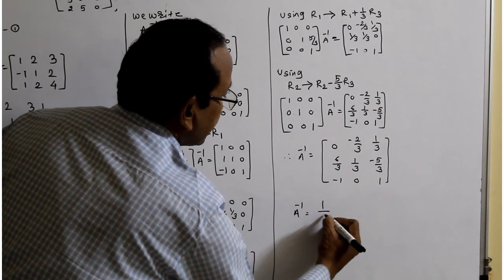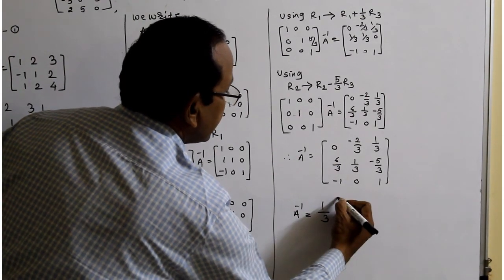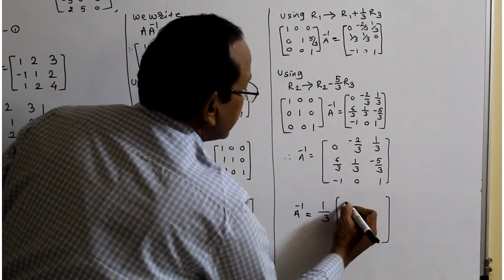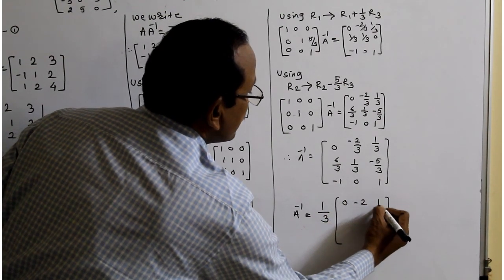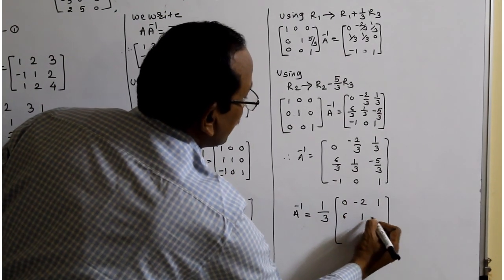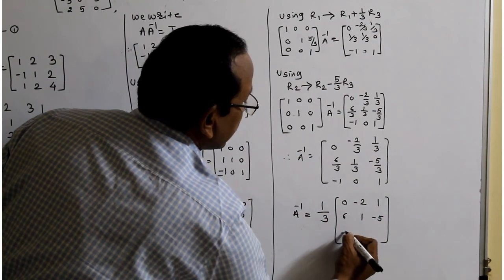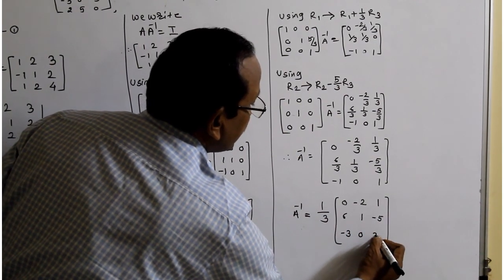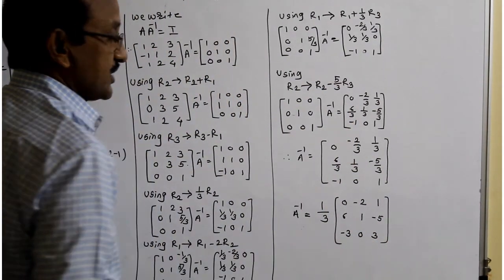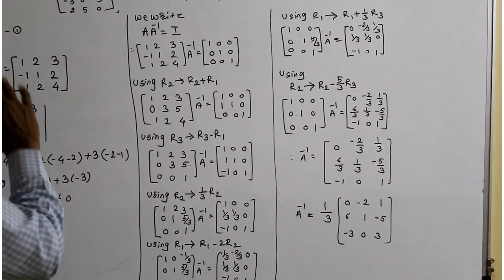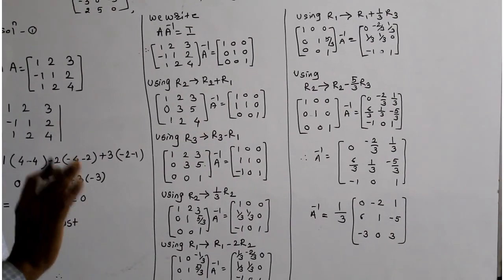Again it can be written as 1 by 3 times 0 minus 2 1, 6 1 minus 5, minus 3 0 3, is the required inverse of the given matrix by using elementary row transformation.